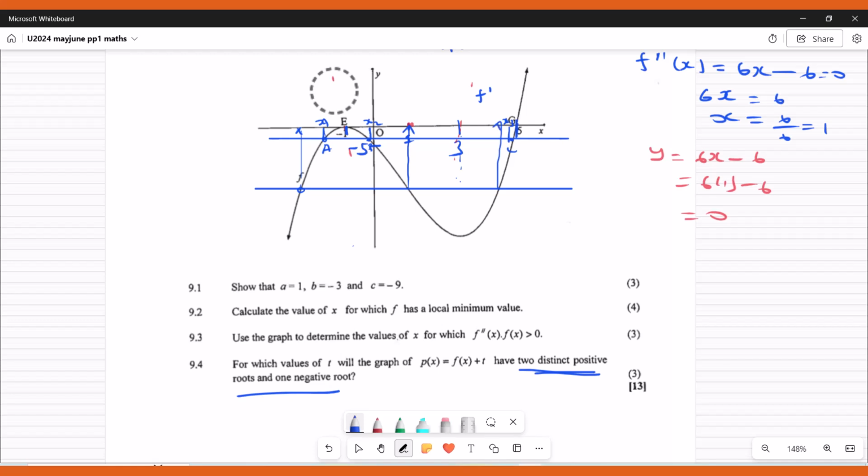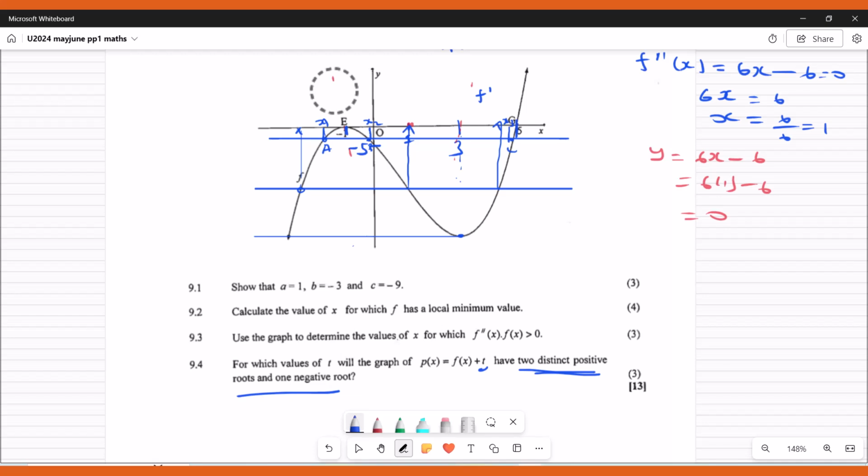If I continue until this turning point, I'm only touching the curve twice, meaning I only have 2 roots, but I want 3: 2 positive and 1 negative. This means my t must be between the y value at this point and negative 5, because below negative 5 I have the 2 positive and the 1 negative.